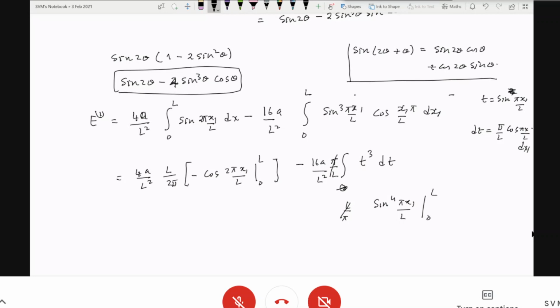And then I put the limits 0 and L. So this anyway goes to 0. Here, if I put L, this is minus cos 2 pi minus cos 0, and that is 0. So this is also 0.